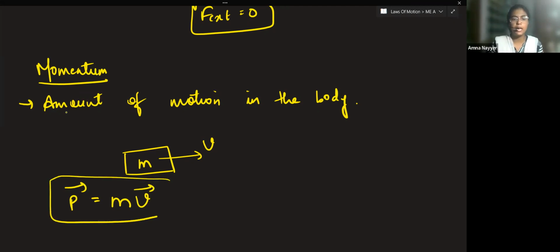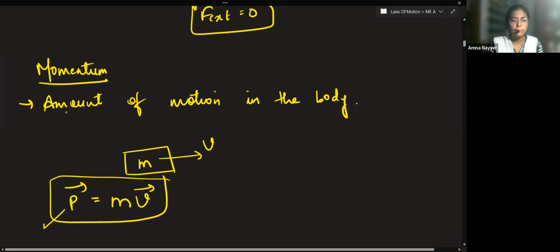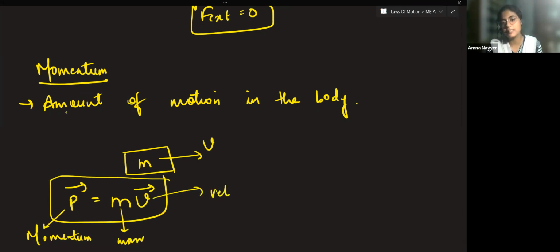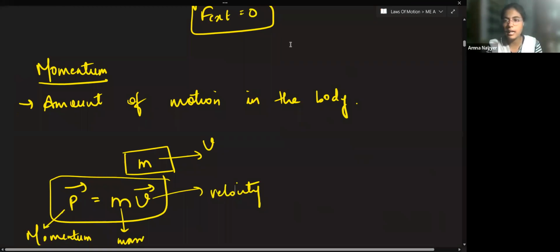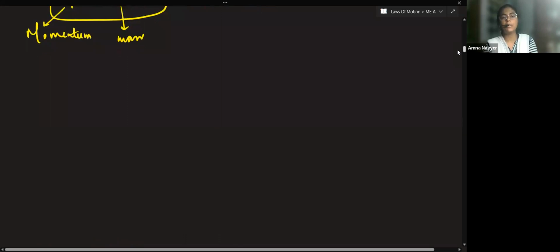This P is your momentum, m is the mass and v is the velocity. Velocity you are aware of, and mass you already know as it's a fundamental property.